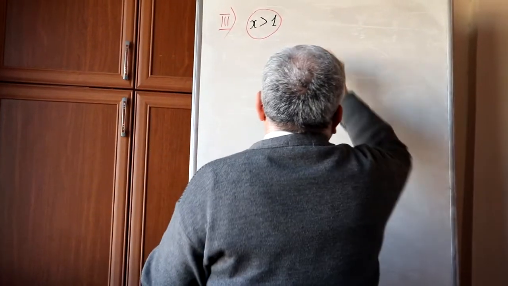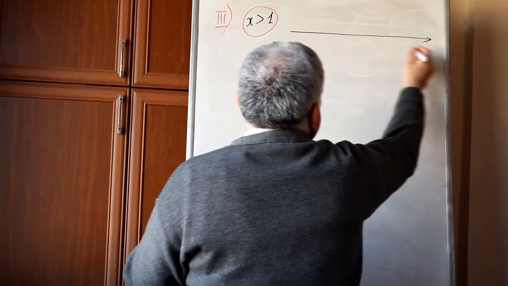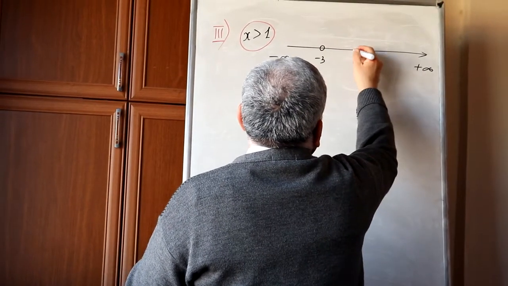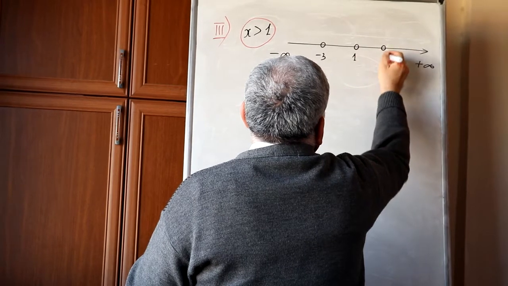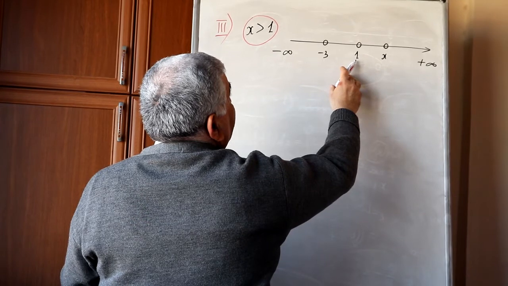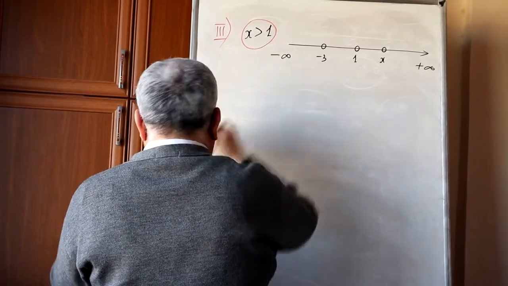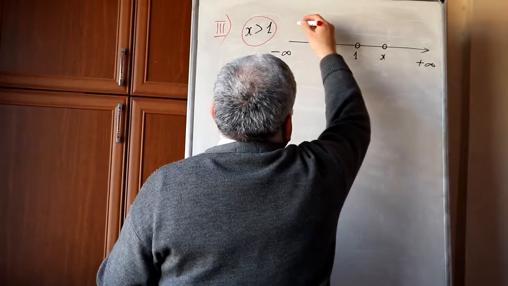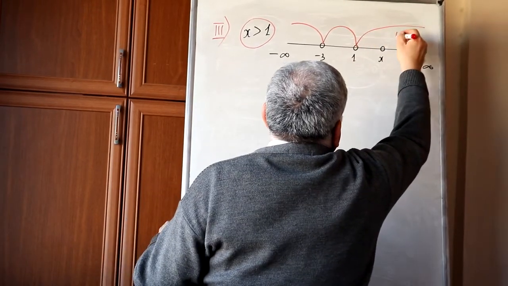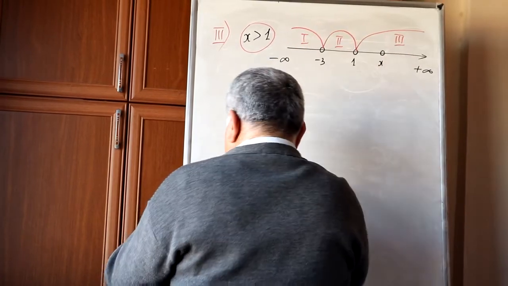Then draw the intervals from minus infinity to plus infinity: minus 3, 1, and x. Here, x is situated after unit, because x is greater than 1. First interval, second interval, and third interval.